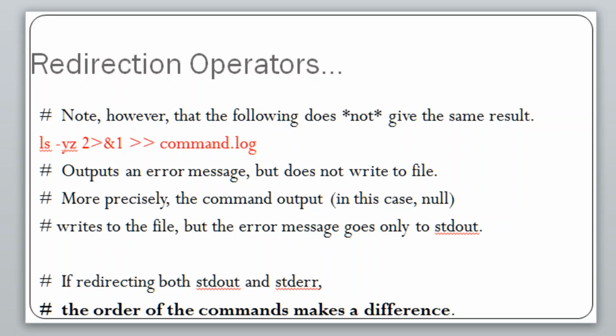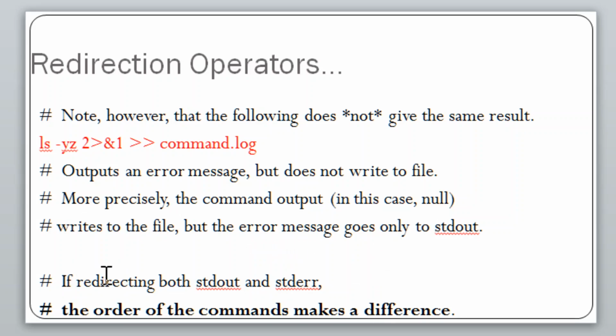Now, if we do a similar thing, except we change the pattern of the redirections here, this is not going to give the same result, okay? So it outputs an error message, but it does not write to the file. So more precisely, the command output writes to the file, but the error message goes only to standard out.